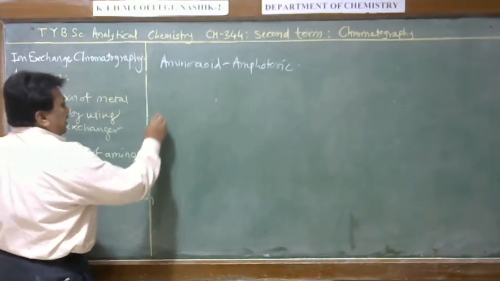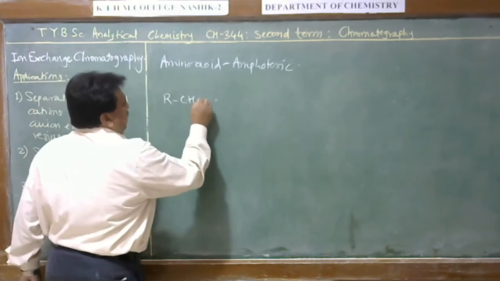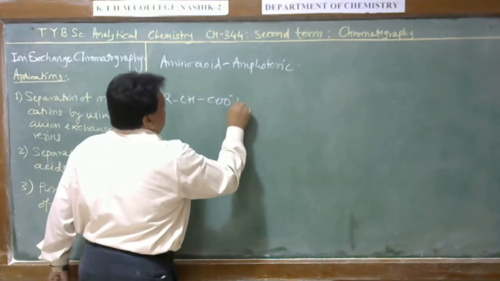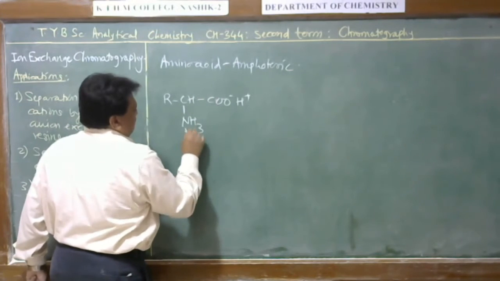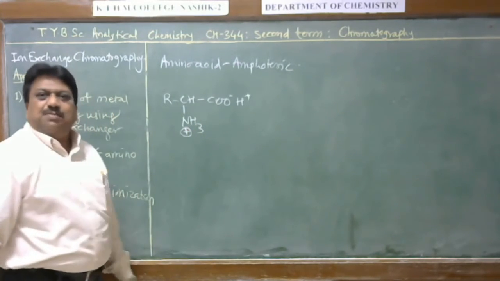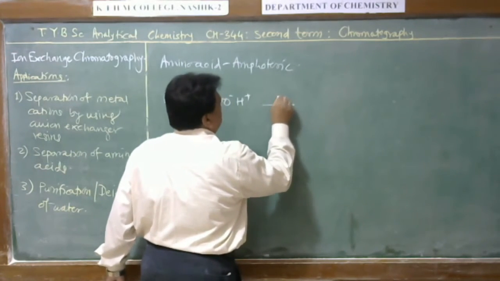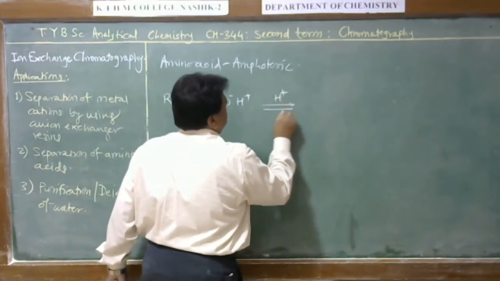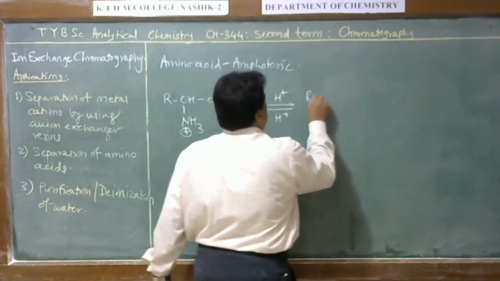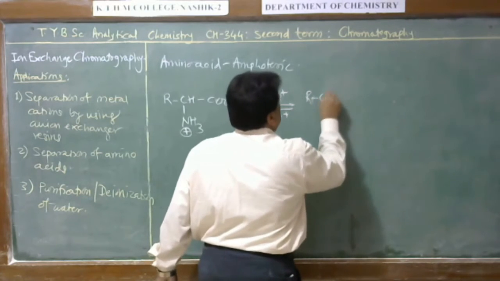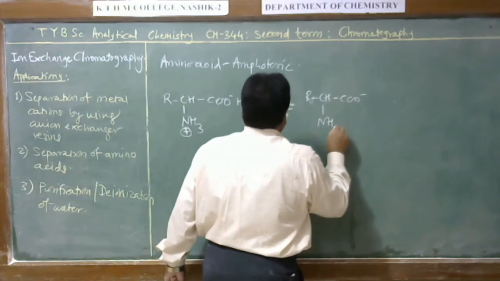Amino acid has a general formula: RCHCOOH with NH3+. Here the amino acid is treated with H+ ion. If we remove an H+ ion, then we have RCHCOO- and NH3+.